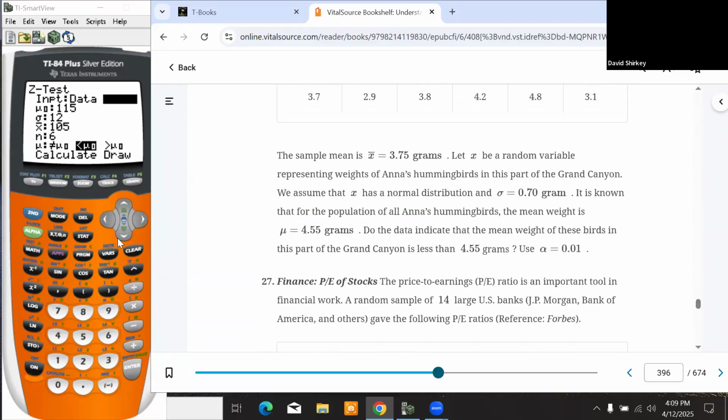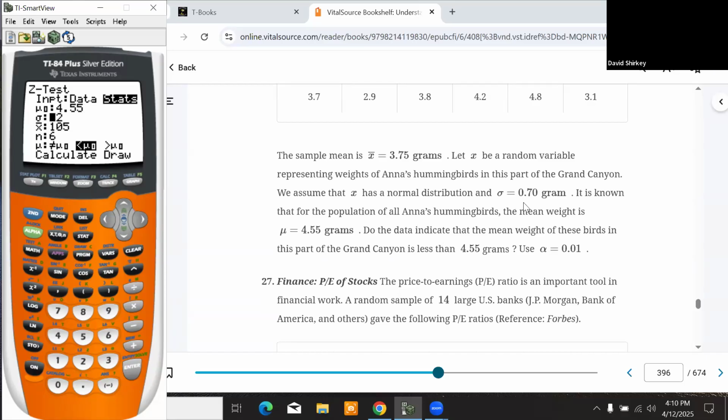All right. So mu under the null hypothesis, it's known that for the population weight, the mean weight is 4.55 grams. So mu sub 0 that you're going to enter on the calculator, the mean under the null hypothesis, is going to be 4.55. We're going to press enter.